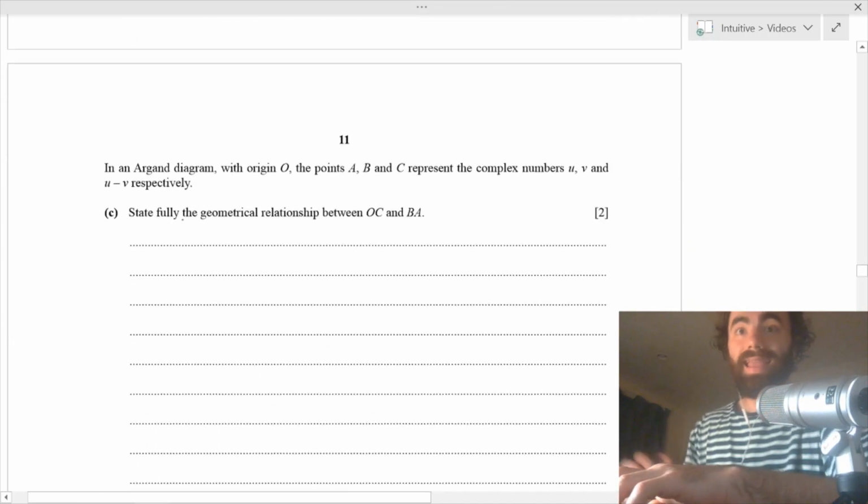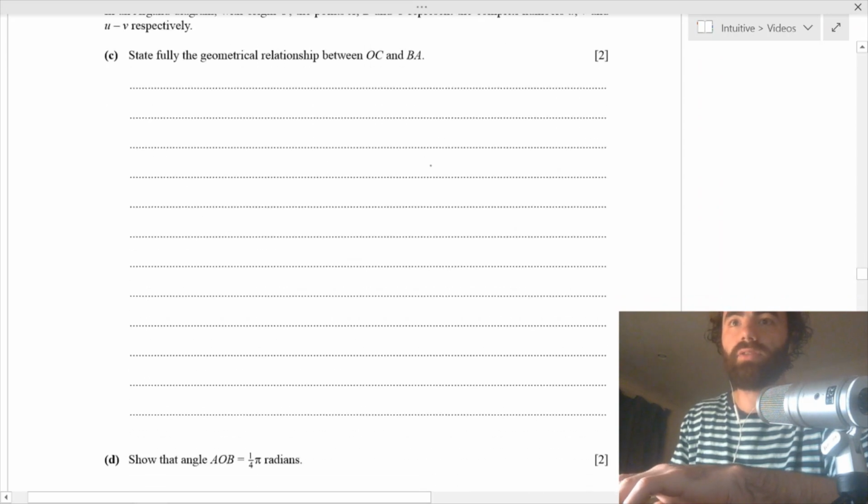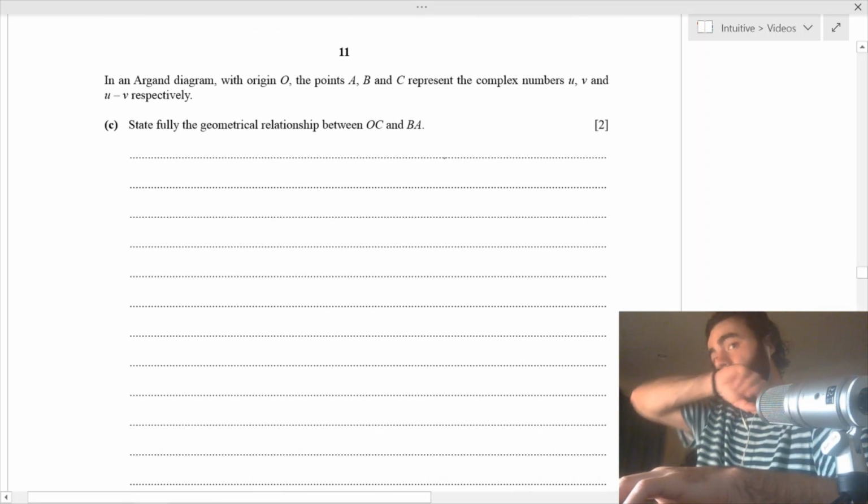In our Argand diagram, which is just the complex plane with the origin O, A, B, and C representing complex numbers u, v, and u minus v, state the geometric relationship between OC and BA.